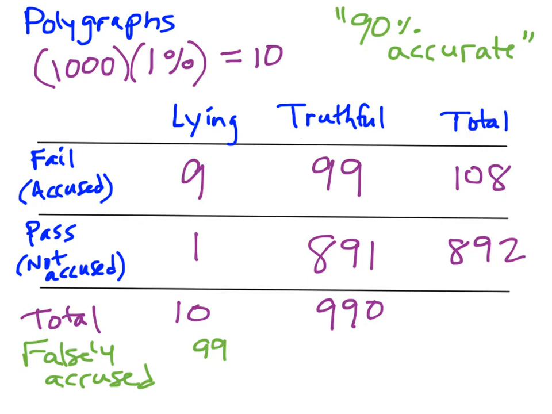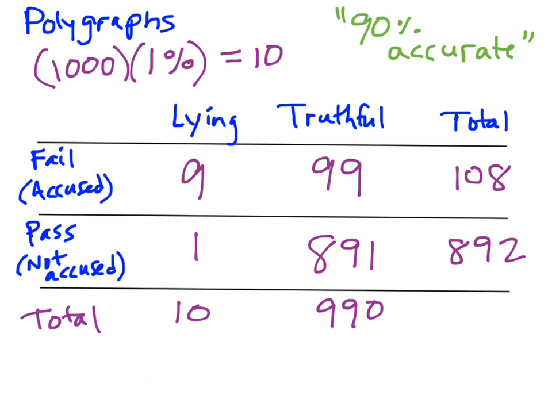And this is among people who were accused, so this is only among the people who failed the lie detector test, or the 108 people here. As a percentage, that's 91.7%. So among people who the polygraph claims are lying, actually 92% of the time that's not true. Those people are telling the truth.